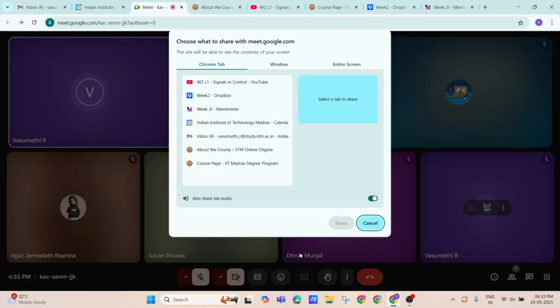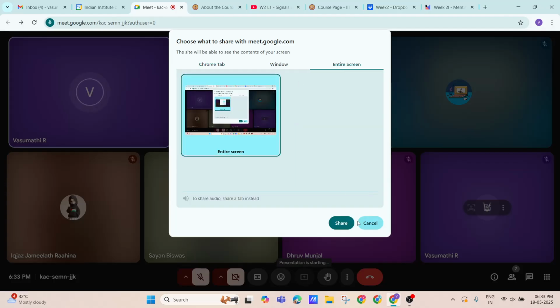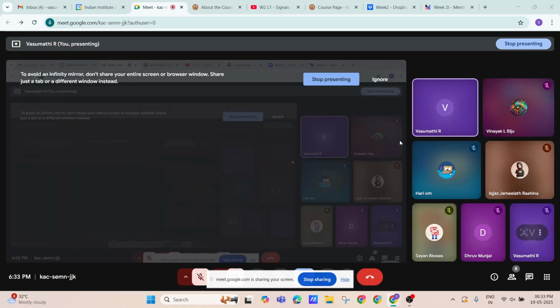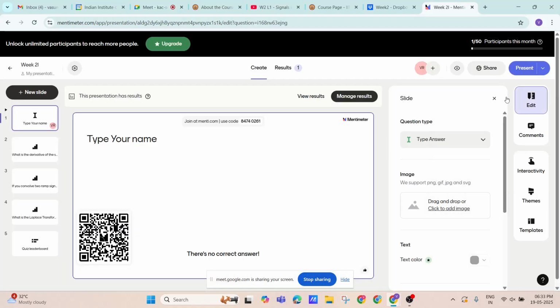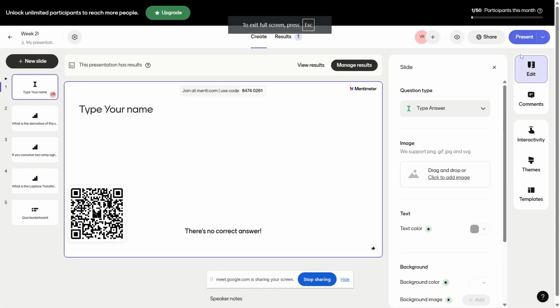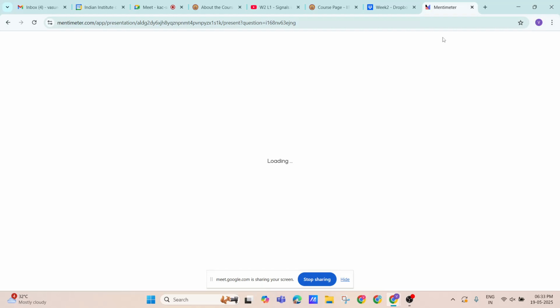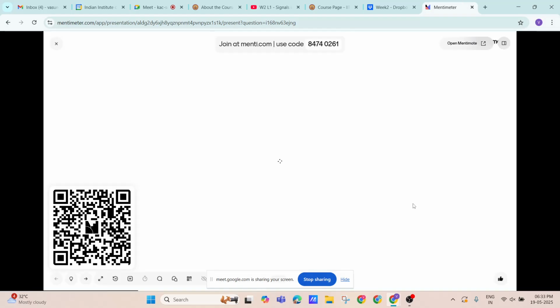Okay, everybody is with me, right? I'm sharing my screen. Is this visible? Just take your phone, or if you are using your phone, screenshot this page and go to this QR code.